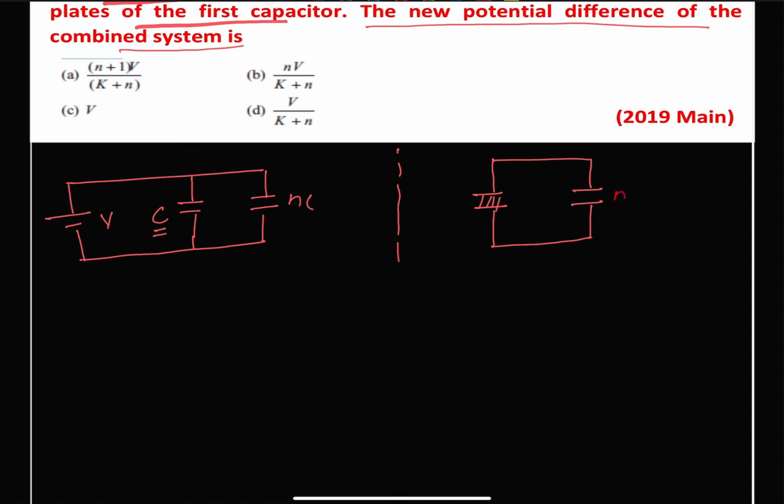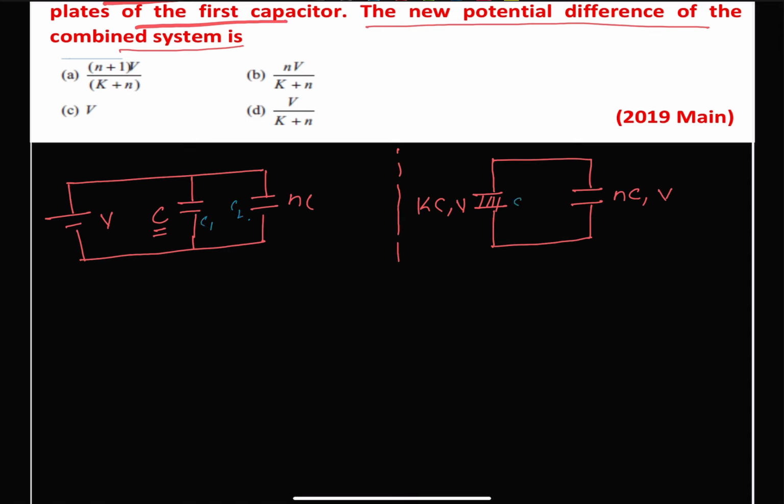So this is NC and voltage will be V, and here dielectric constant is given as K, so the capacitance becomes KC, and voltage is V. So let us independently call them C1, C2.